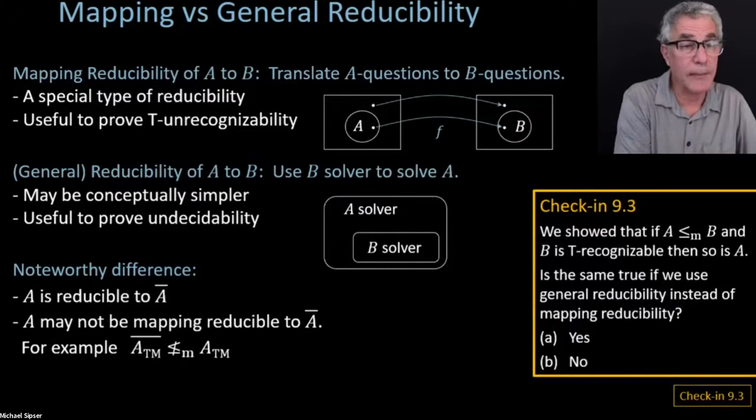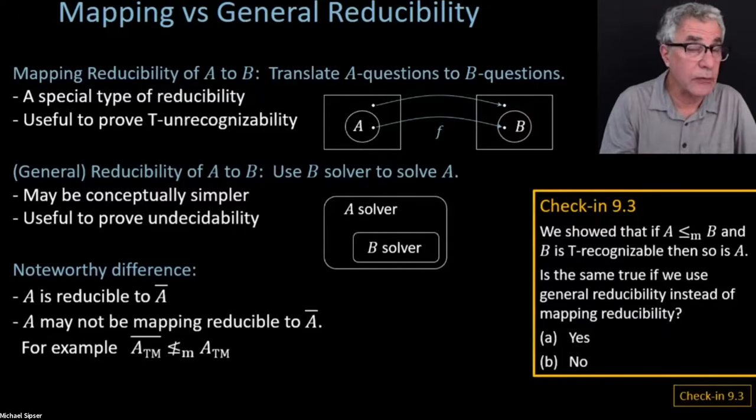You just invert the answer. But you can't just do that inversion when you have a mapping reduction. It's a much more specific translation that's allowed.